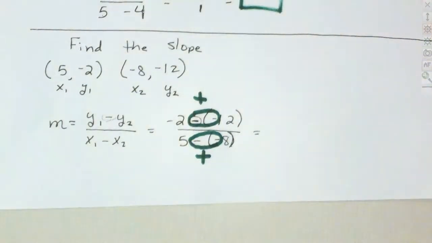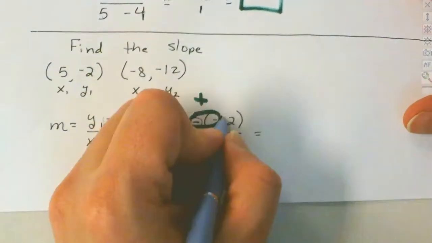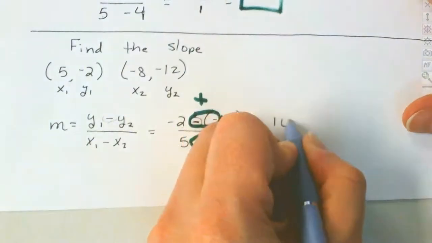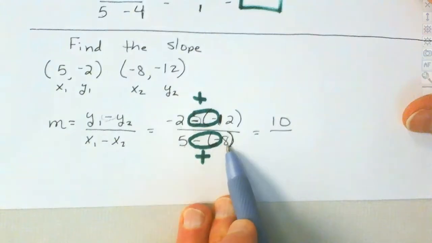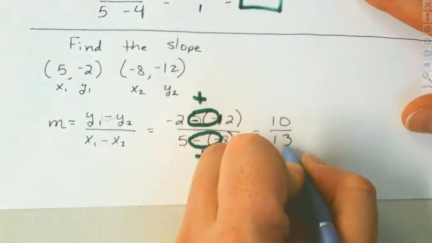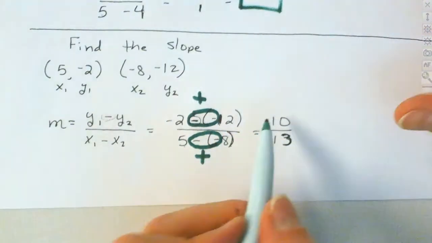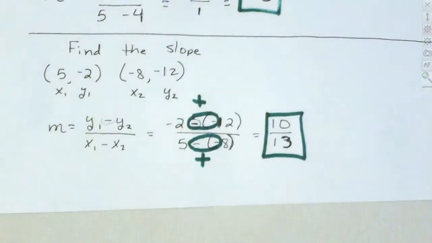Now we have minus 2 plus 12, right? That's a 12 there. Minus 2 plus 12, that makes it a 10. And 5 plus 8, okay, both are positive, 5 plus 8, that makes it a 13. Can we reduce this down any? Nope. So what is our slope? 10 over 13.